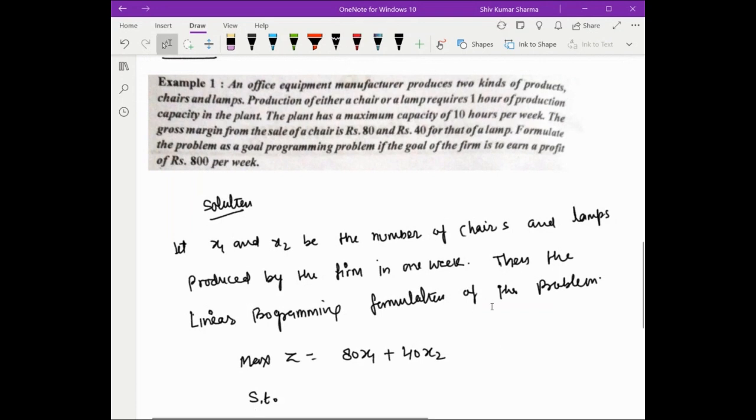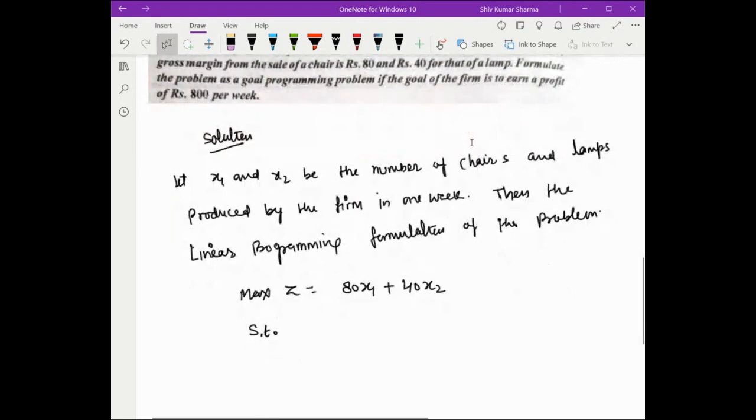1 hour of production capacity in the plant. That means production of either a chair or a lamp requires 1 hour of production. The plant has a maximum capacity of 10 hours per week.